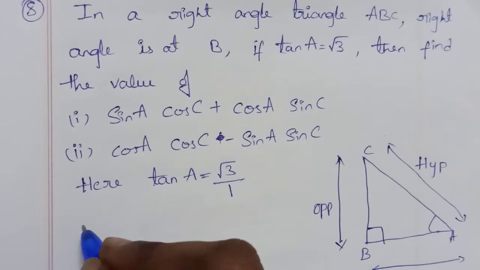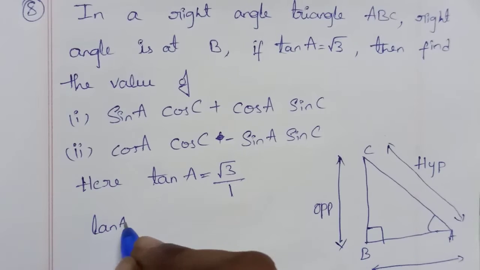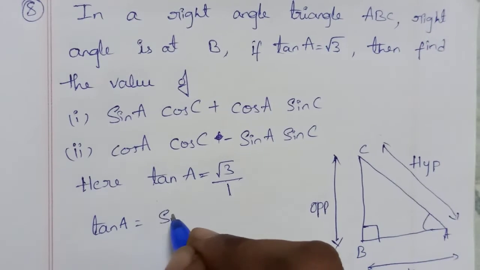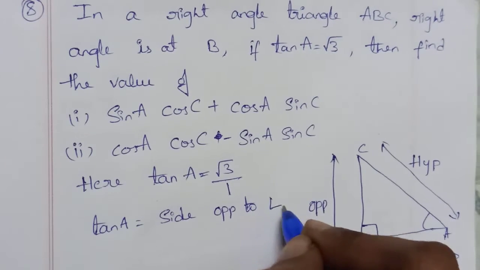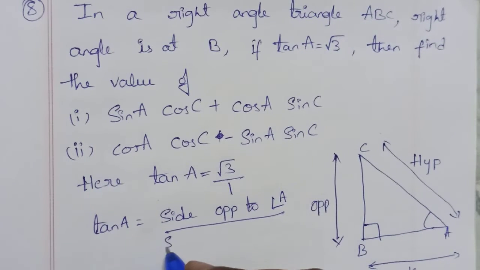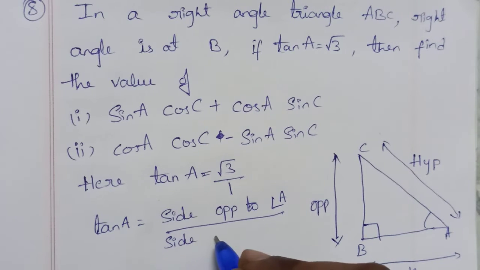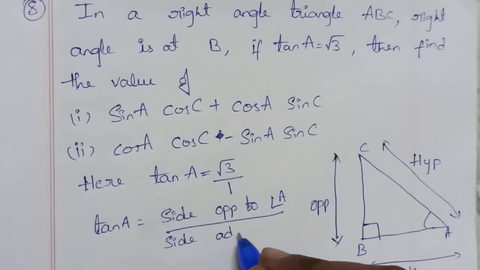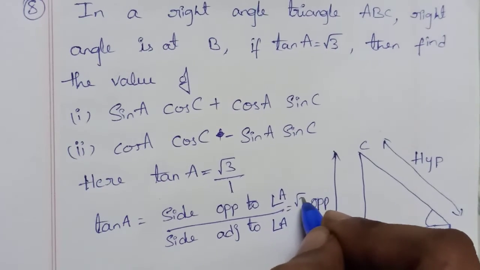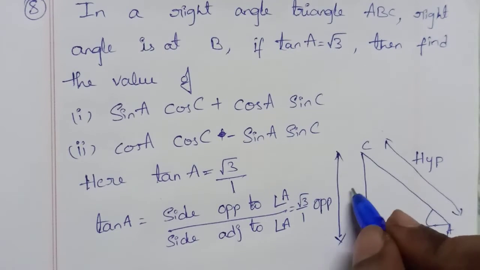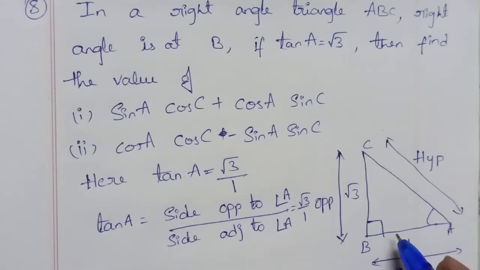By the definition of trigonometric ratios, tan A is equal to side opposite to angle A by side adjacent to angle A, that is equal to root 3 by 1. Opposite length is root 3 and adjacent length is 1.